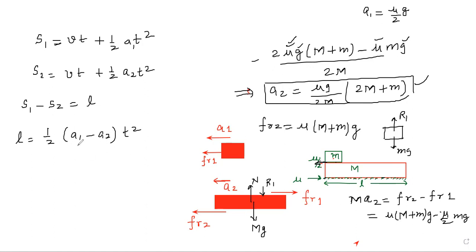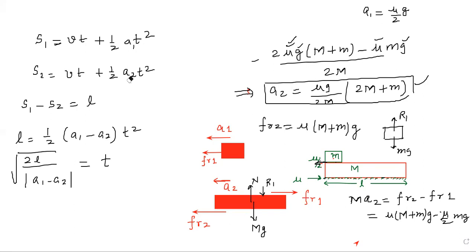We have to take the absolute value of a1 minus A2 because this is a square term. So the square root of 2L upon the modulus of a1 minus A2 will be equal to t.